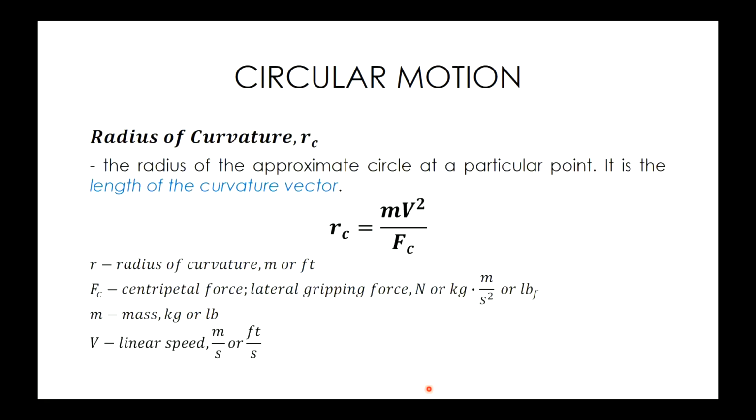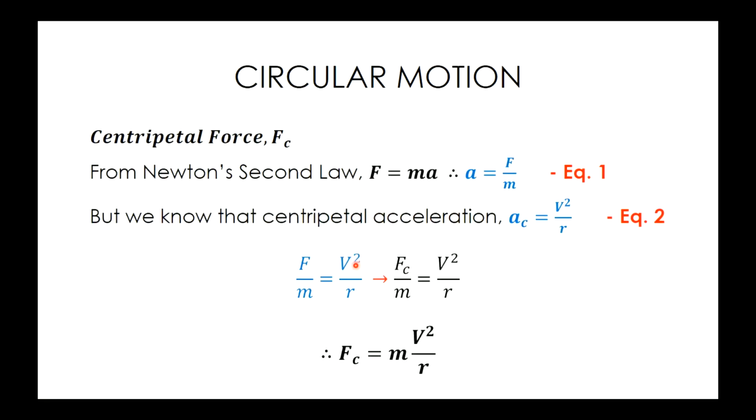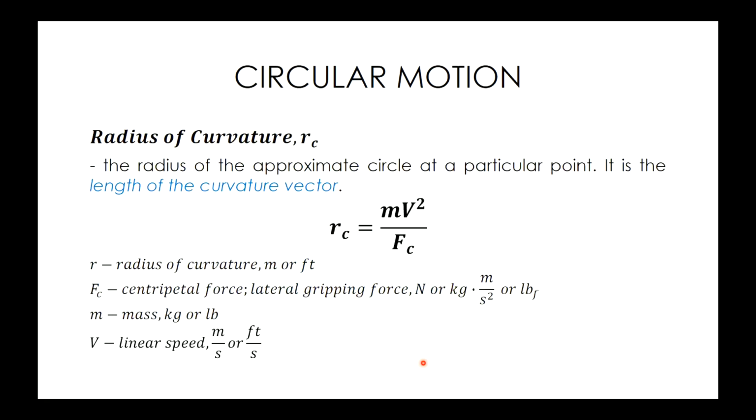Lastly, the radius of curvature. The radius of curvature of the approximate circle at a particular point, and it is the length of curvature vector. So, simply, from this equation, we will get the equation for R, which is the radius of the circular path.